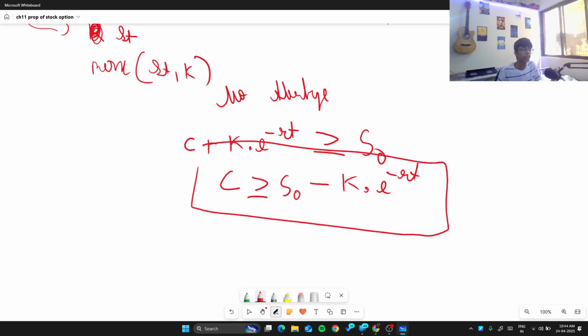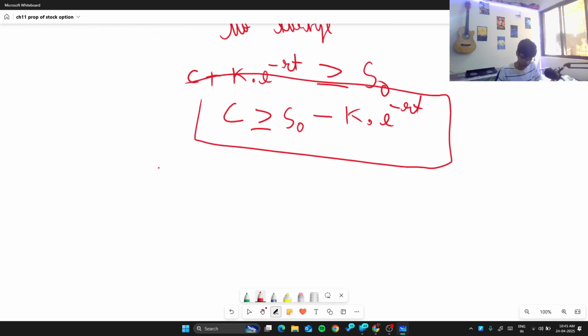But we know that the price of the option cannot be negative, so there is a lower bound of 0. So the price of a call option is greater than or equal to the maximum of S0 minus K·e^(-rT) and 0.